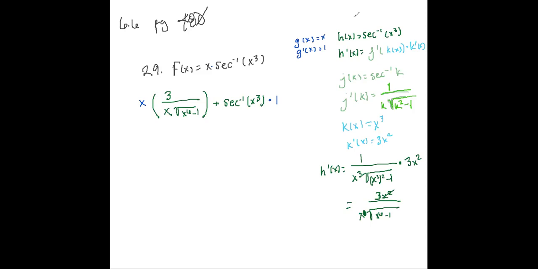So we can see that this x is going to be up here, and it's going to cancel with this x. So we are going to end up with the final answer of 3 over root x to the 6, excuse me, minus 1 plus the inverse secant of x cubed. And that is our answer. And I don't think that you could simplify it any further than that.